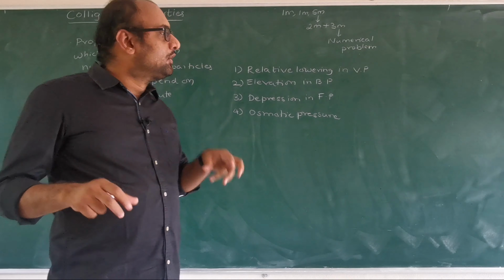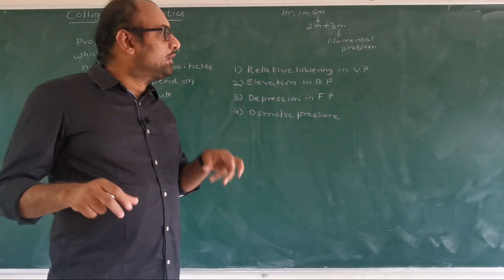One is lowering in vapor pressure, the other one is relative lowering in vapor pressure. The lowering in vapor pressure is given by the change in vapor pressure, which is equal to P naught A minus Pa. This is known as lowering in vapor pressure.